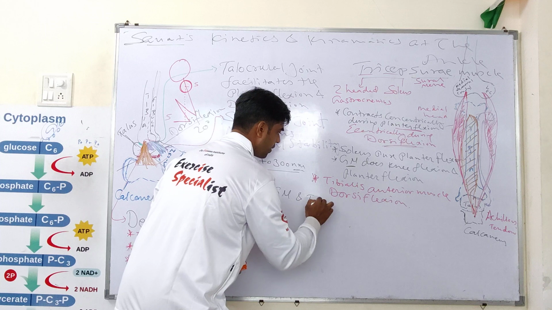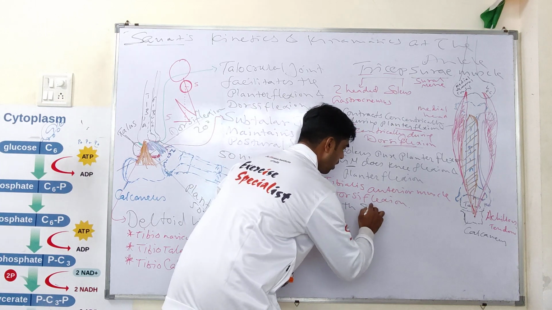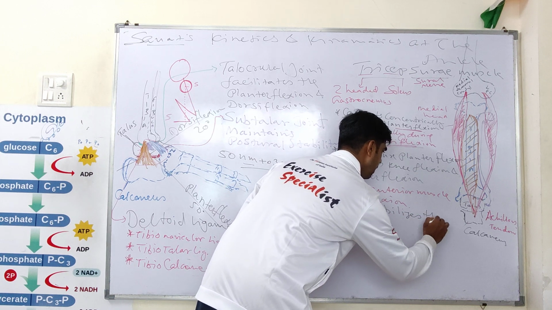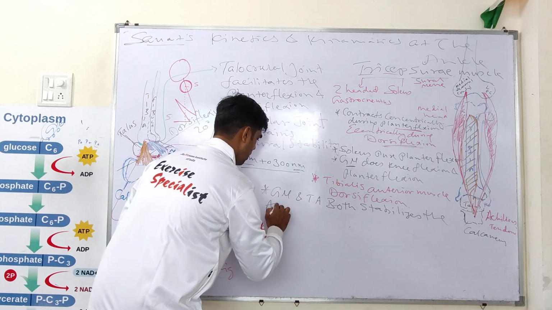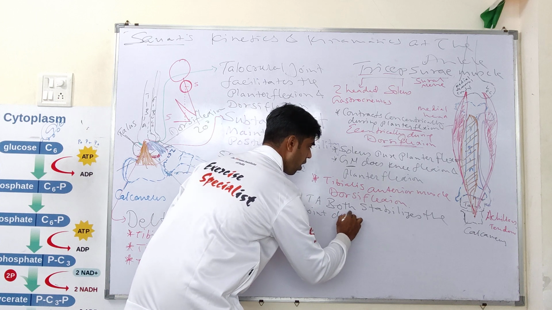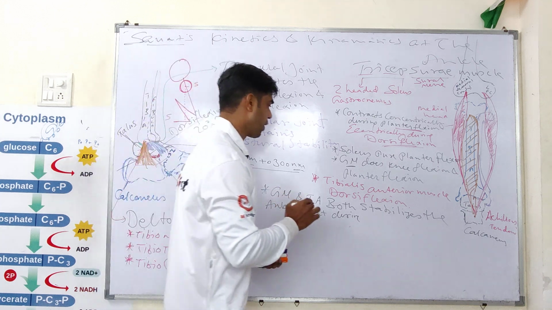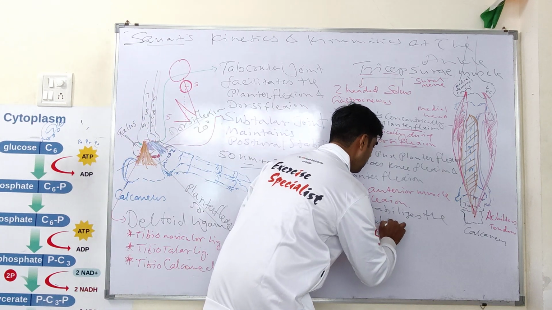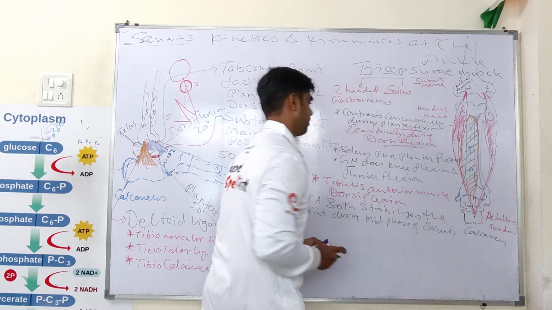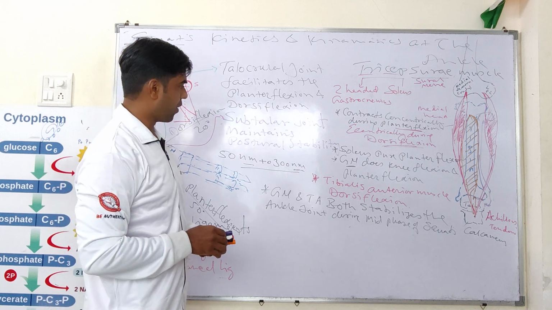Gastrocnemius and tibialis anterior both stabilize the ankle joint during mid-range or mid-phase of the squats, right? Now, what else can we add here?